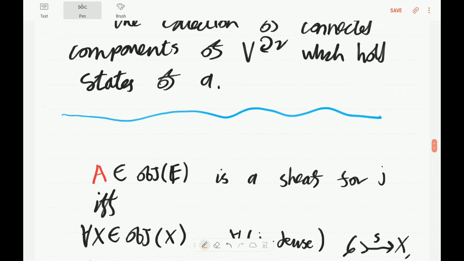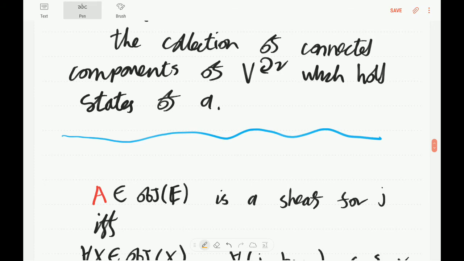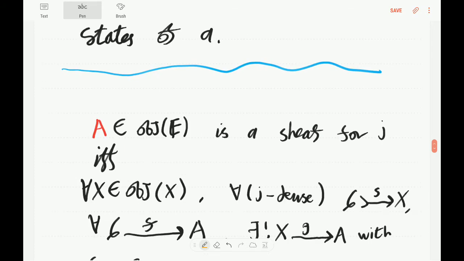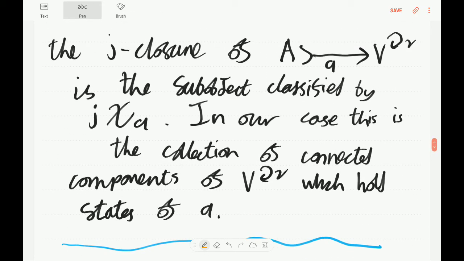In general then, if we have a topology, we say that a subobject of our original topos is J dense when that subobject is equal to its J closure.